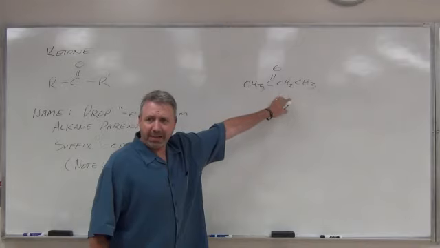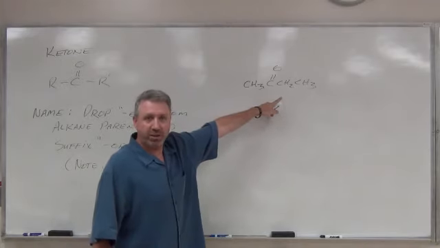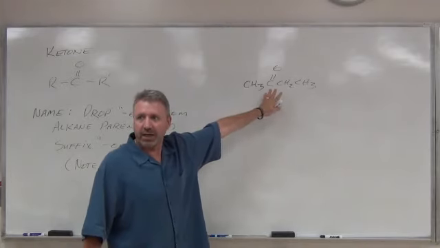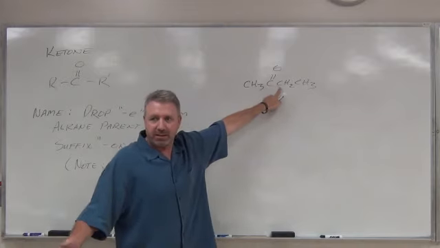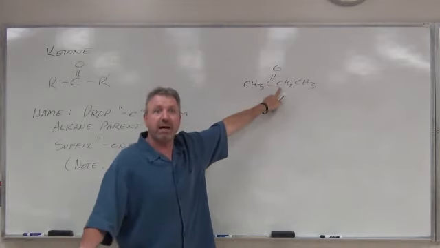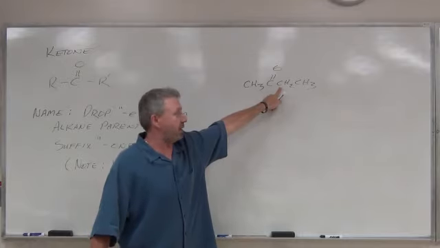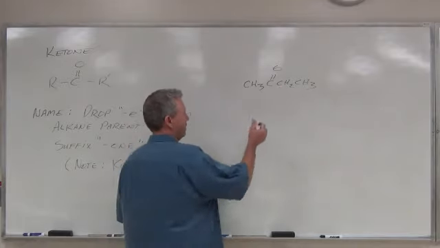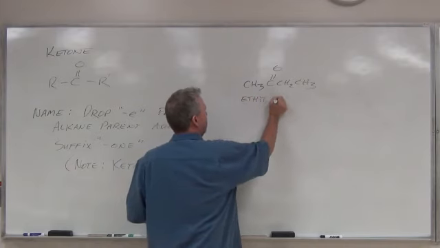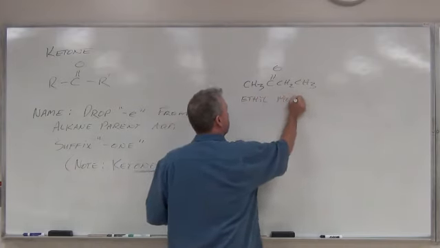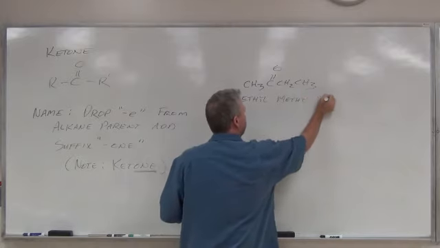Using the IUPAC name, this would be butanone, right? And we don't have to locate it because it can only be here and here. When you say butanone, it's going to be on the second carbon, no matter which side you're coming from. Alternatively, this could be ethyl methyl ketone.